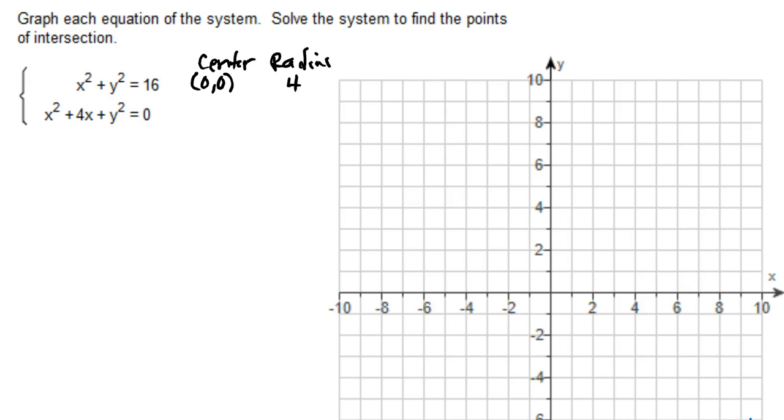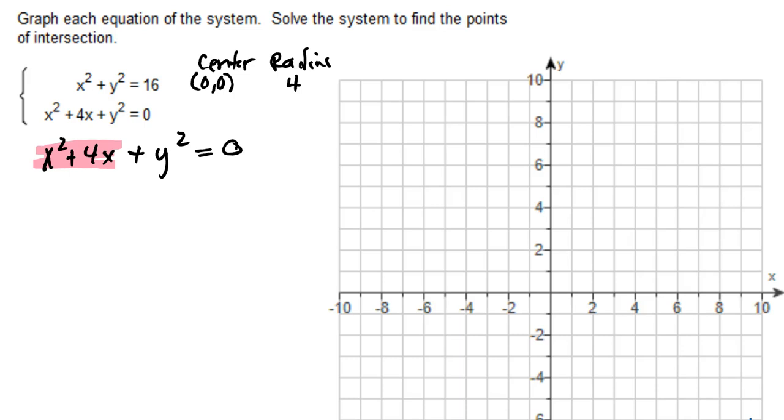The second equation is a little bit harder. It's not in the exact circle format, the standard form of a circle. It's in the general form of a circle. So I can use completing the square on this group of x terms to help me figure out the standard form of that circle.